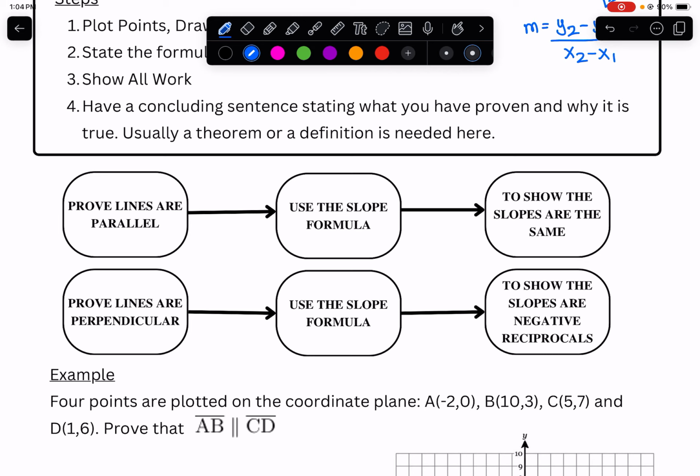So using the slope formula is enough to then state, because I found that the slopes of AB and CD are the same, they are therefore parallel by the definition of slopes of parallel lines.